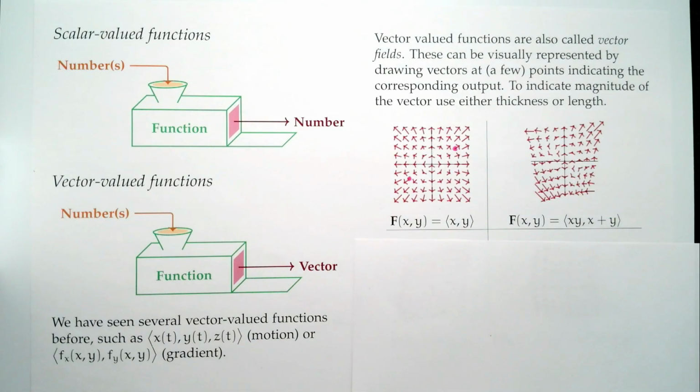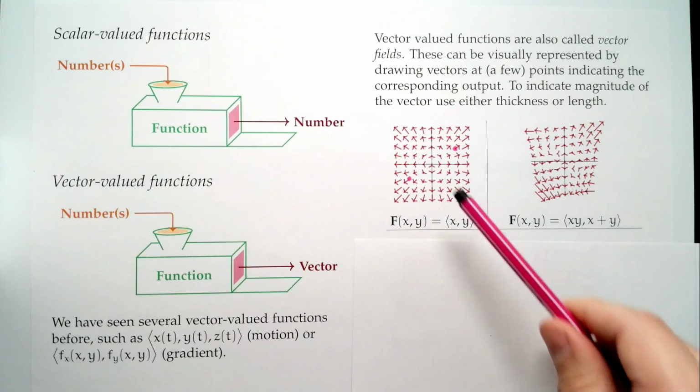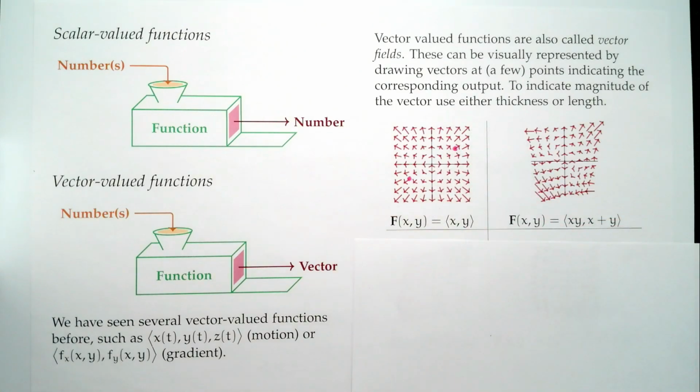So this is a vector valued function where I can model things by saying I'm moving out from the origin. And not only am I moving out, but as I move further out, the arrows get longer, because the length of the vectors gets longer. In some sense, the further out I go, the faster I want to get away from the origin.